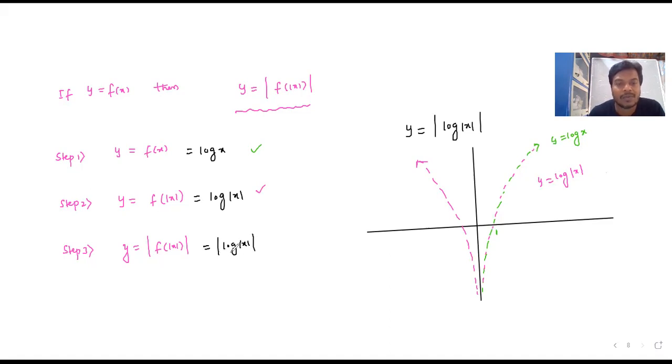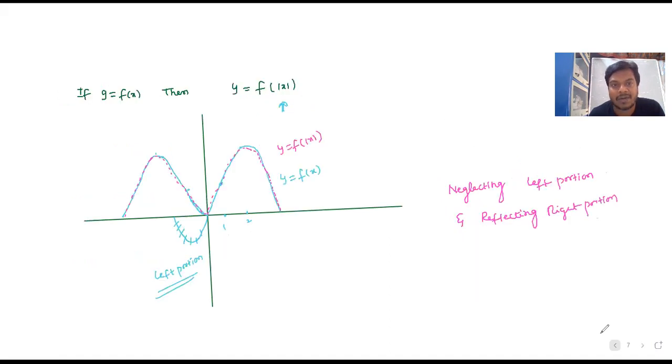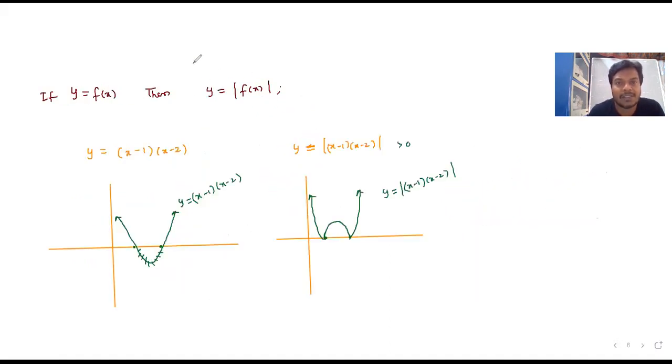To move to modulus of log of mod x, see, for the function f of x, if you have modulus, here we are neglecting the negative portion and making it into positive, right?